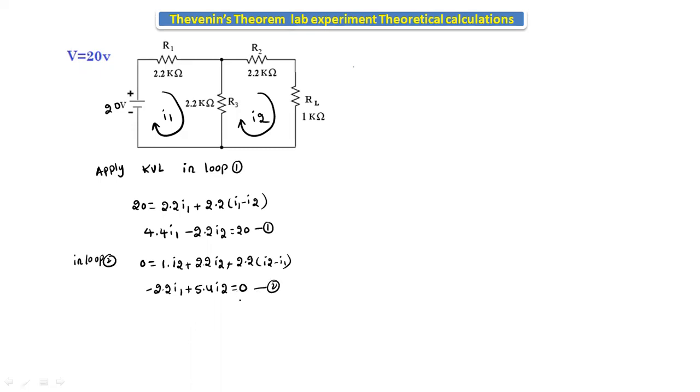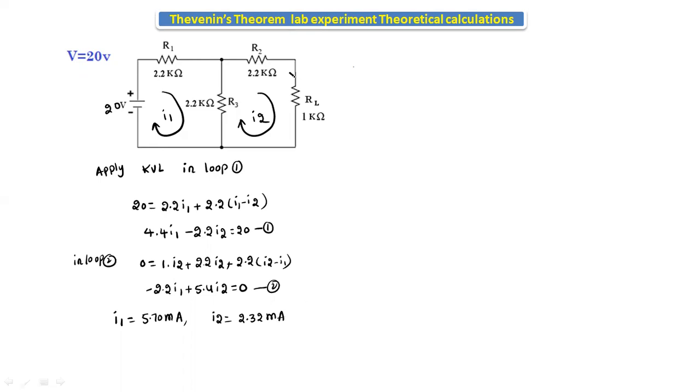Okay. From equation number 1 and equation number 2, we will get I1 is equal to 5.70 milliamps and I2 is equal to 2.32 milliamps.